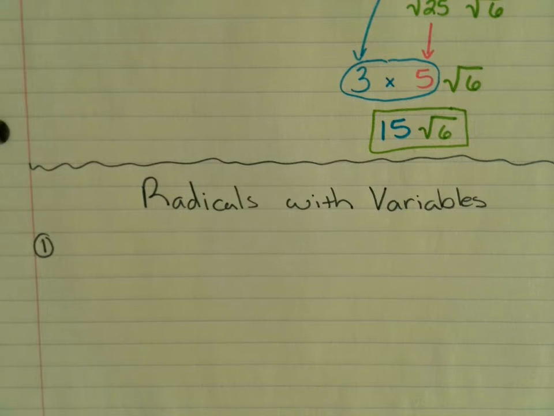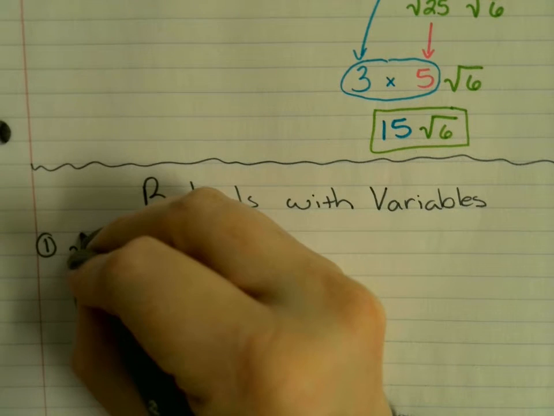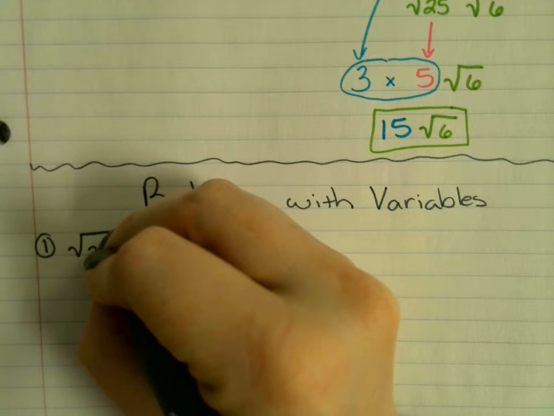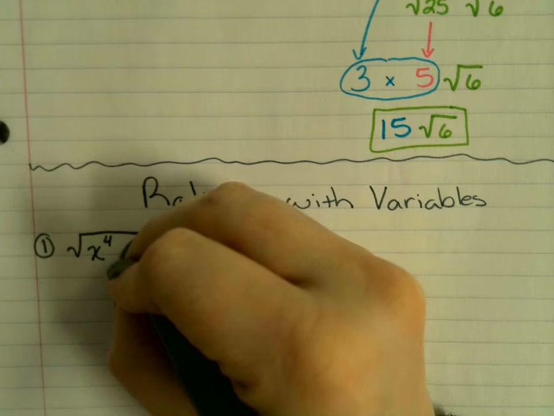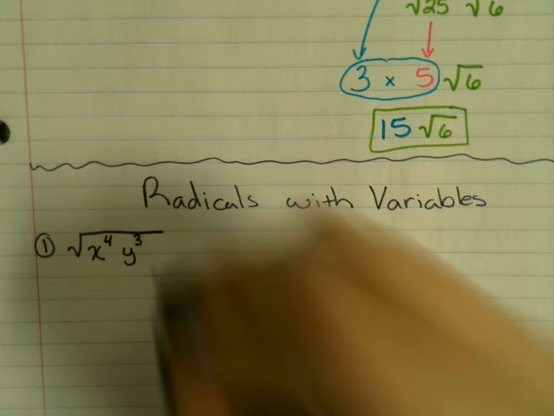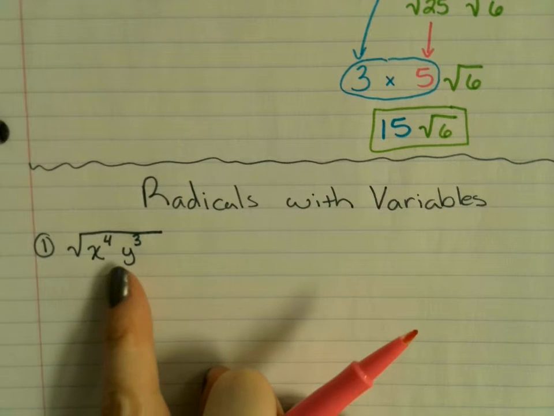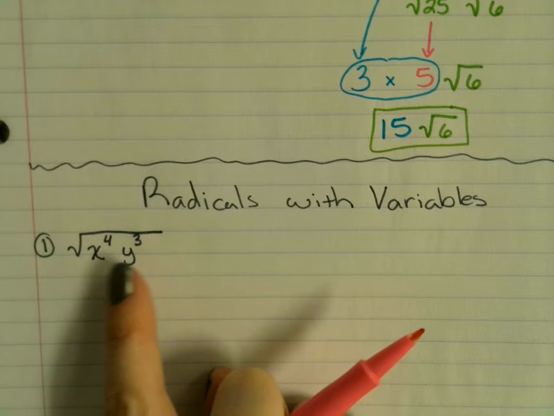So if I were to give you the square root of x to the 4th y to the 3rd. What's important to know when you're dealing with radicals and variables involved is that the variables tend to have an exponent with them.